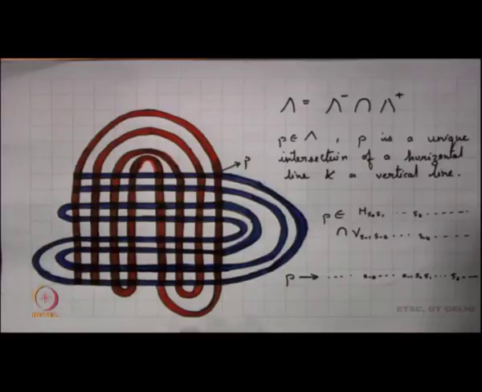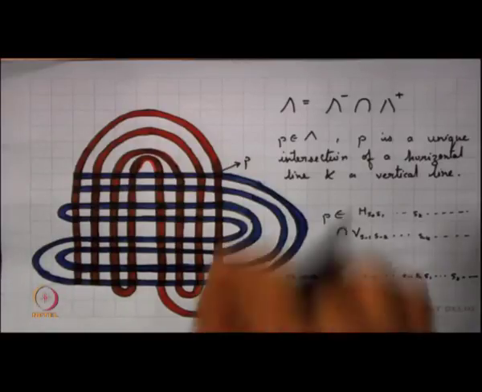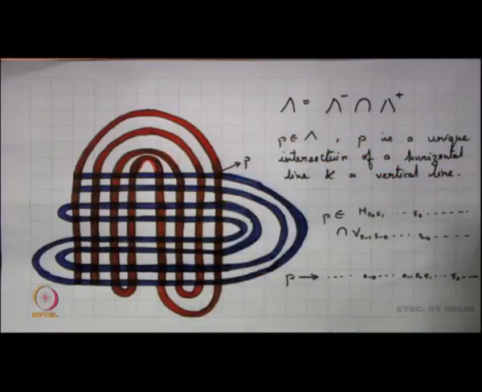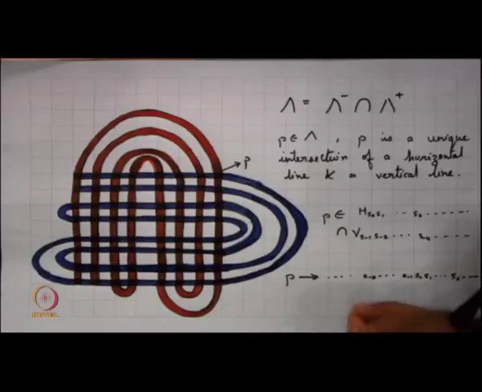So, any point of my horseshoe attractor can be associated to a unique bi-infinite sequence of zeros and ones. Now, this is giving us an interesting picture here. So, let us try to analyze this once again.